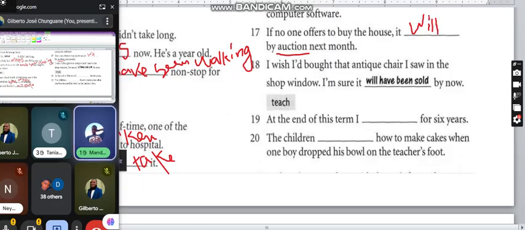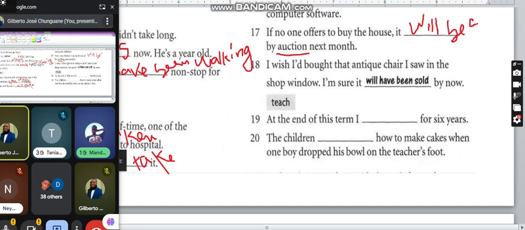Auction. Again? Auction. Okay. Can someone in class help our friend to pronounce this word? Anyone in class would like to help our friend? It's pronounced auction. Very good.